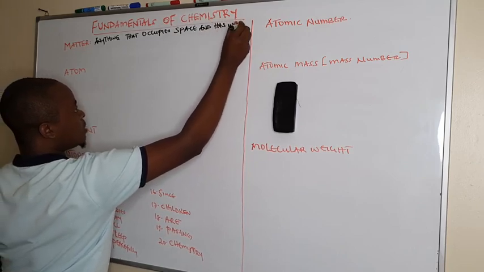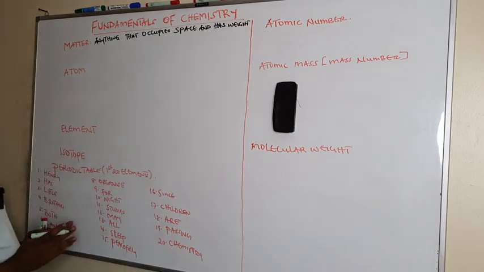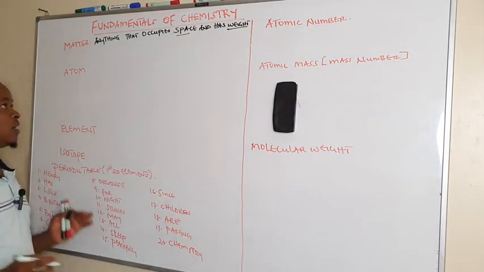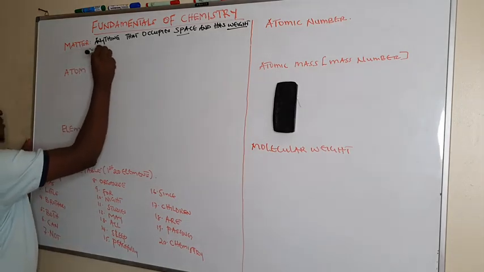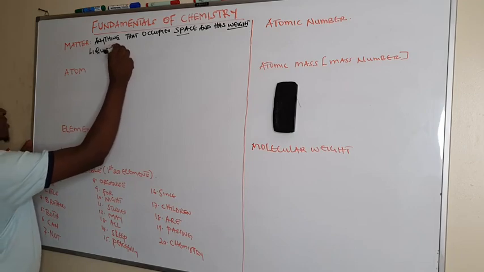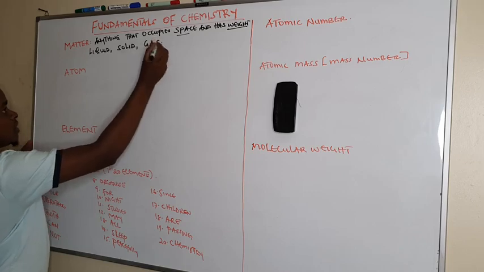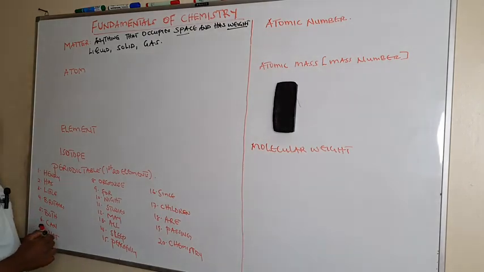So long as something can occupy space and has weight is what we know as matter. And matter can be in liquid form, in solid form, or in gaseous form. That is what we call matter.